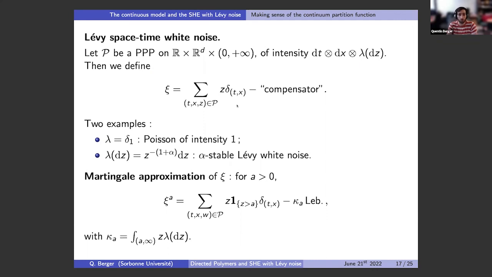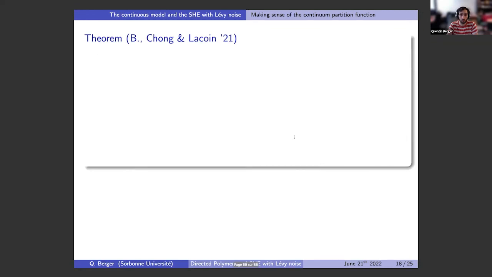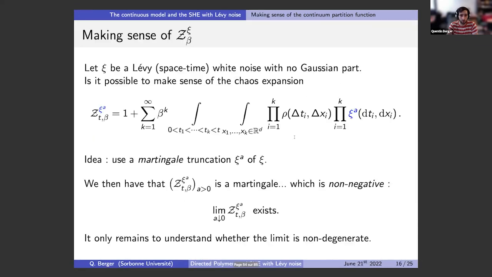One thing that we tried also is this: this is the definition of our solution of the stochastic heat equation, and if you take the log of this, this is the KPZ equation. We tried to show that the log of this is well defined, but it was not.